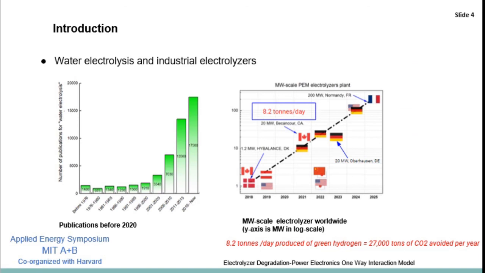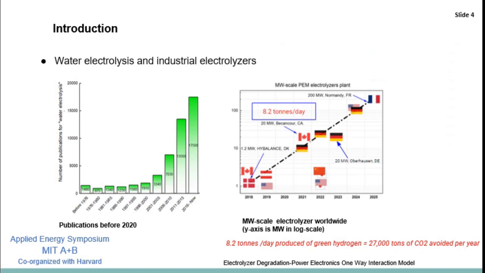On the right side picture, we summarize the megawatt scale PEM electrolyzer development with years since 2018. The x-axis is the years, the y-axis is the megawatt scale. As we can see, since 2018, the development of electrolyzer power also increased exponentially.